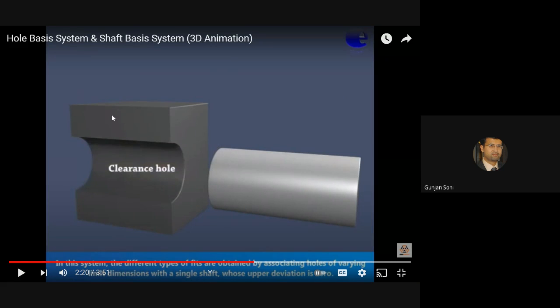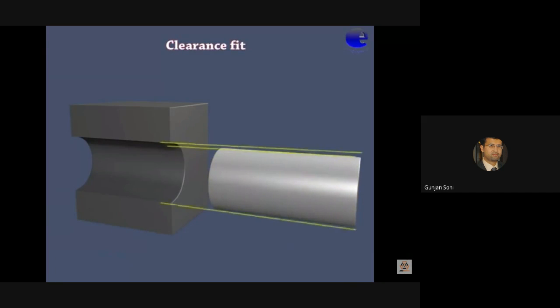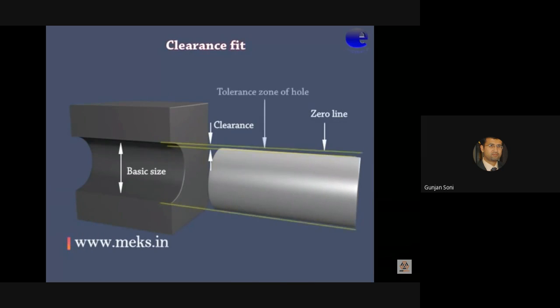In the case of shaft, the upper deviation is 0 in shaft basis system. Basic shaft, clearance fit, basic size, clearance, 0 line, tolerance zone of hole, tolerance zone of shaft.